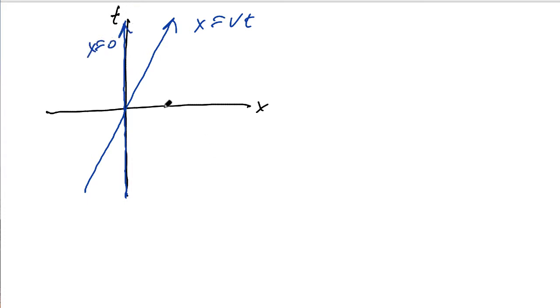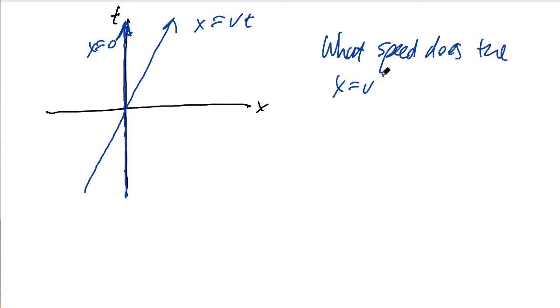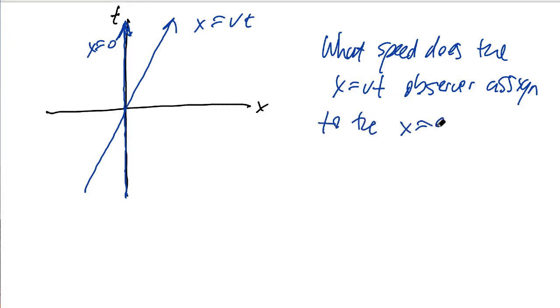And now let's ask, what speed does this observer see for this observer, or this particle? We'll call this a particle now. So what speed does the x equals vt observer assign to the x equals 0 particle?